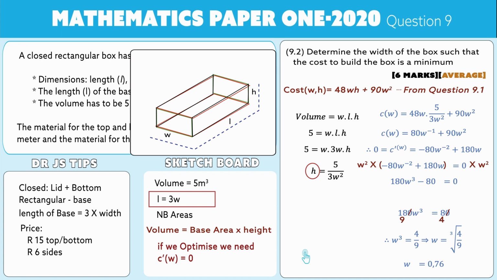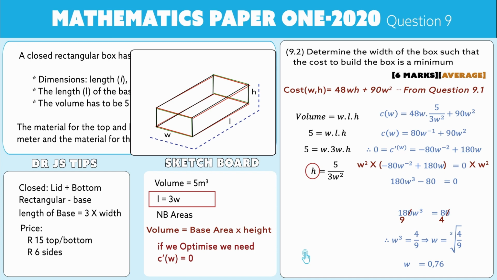The most difficult part is finding the function that you need to differentiate. And in this case, it was the cost function. We had it in 2 variables. We need to rewrite it in 1 variable. So for that, they gave us this additional information about the volume, that the volume is 5 meters cubed. We used that volume, and we used the relationship they gave us for the length and the width.